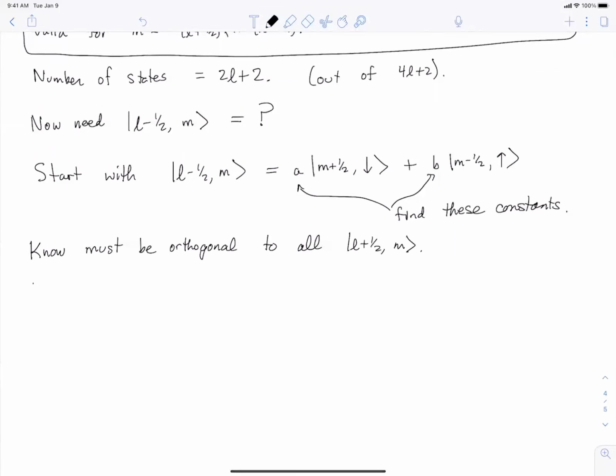Okay, and the reason is that both the state that we're trying to construct and all those other states, so really the one that matters though is the one that has the same m. That's why I'm saying both here. So both are eigenstates of a Hermitian operator.